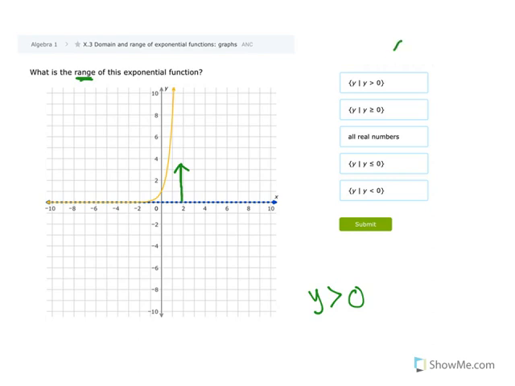This right here, they call set notation. The brackets stand for a solution set. So they're saying a solution set for a variable y such that y is greater than 0. That's what we're looking for, so we'll answer the range is this one, y is greater than 0.